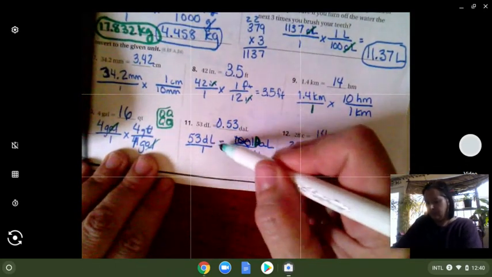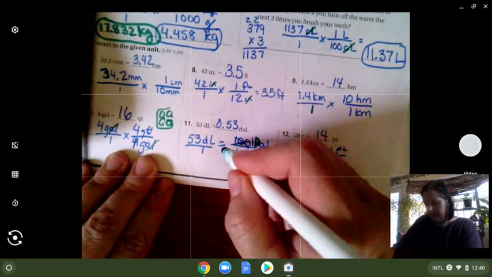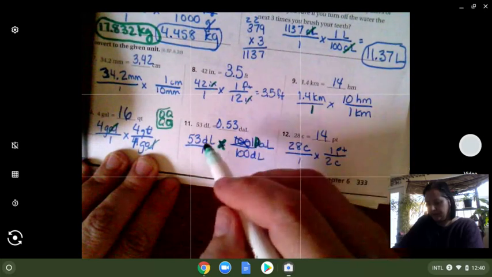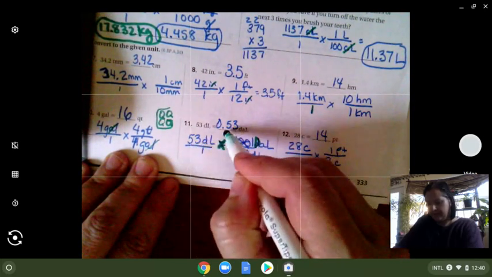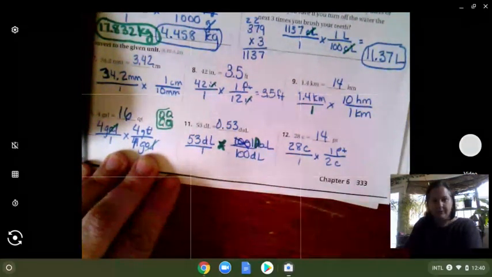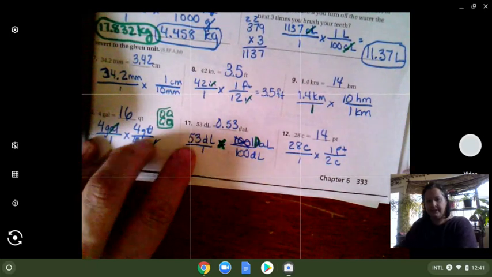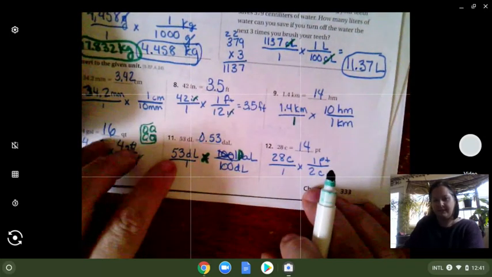So we're dividing by 100, so that will be moving our decimal 2 spots, making that smaller. 53 hundredths decaliter equals 53 deciliters. All right, that one's a little tough because all those D's.